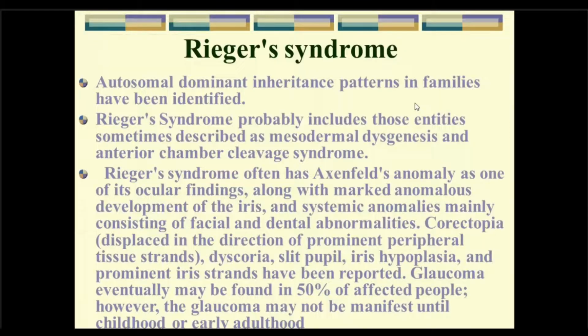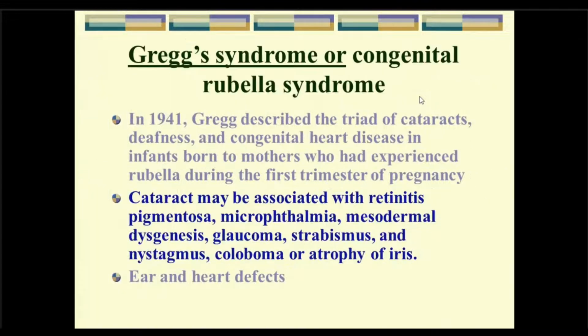Reye's syndrome also has cataract. In this syndrome, patients usually also have changes in the iris. Then there is Gregg syndrome, or congenital rubella syndrome.